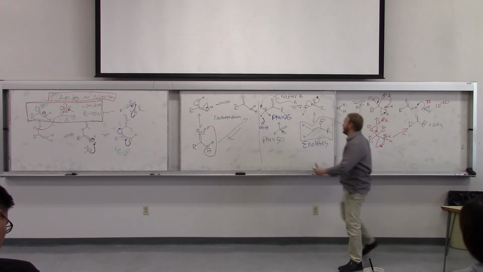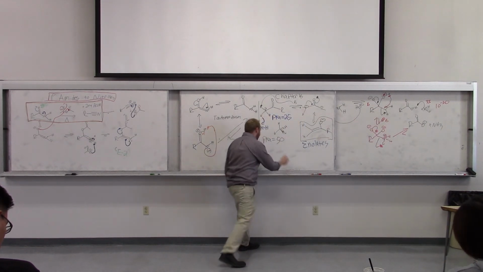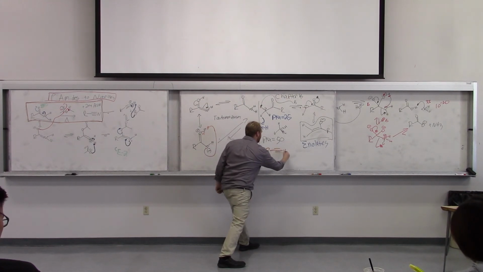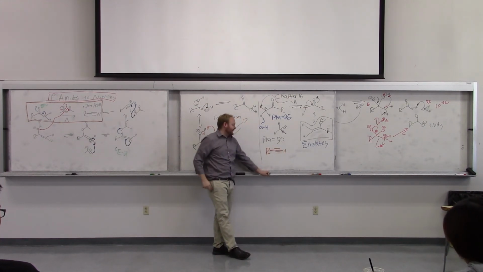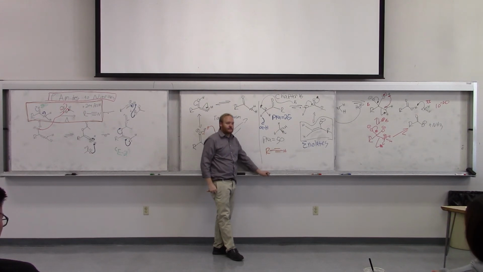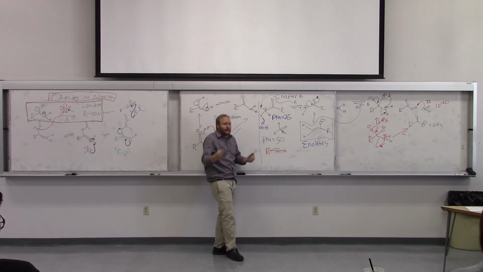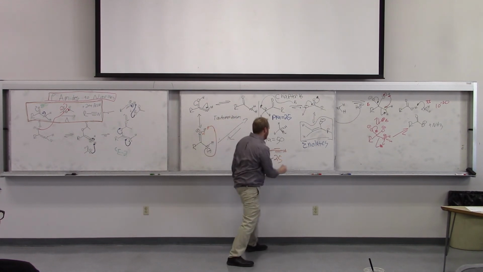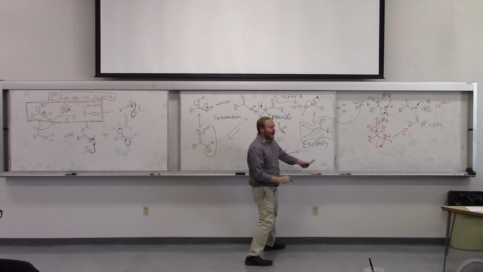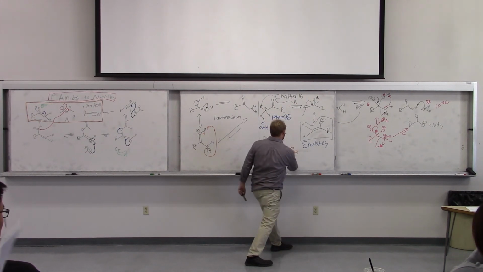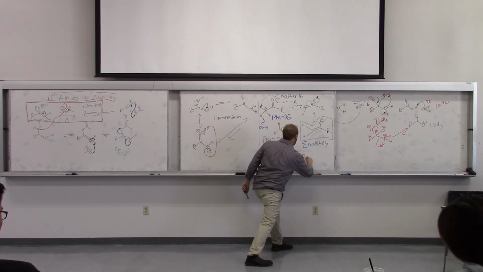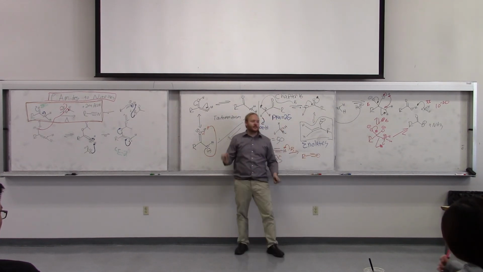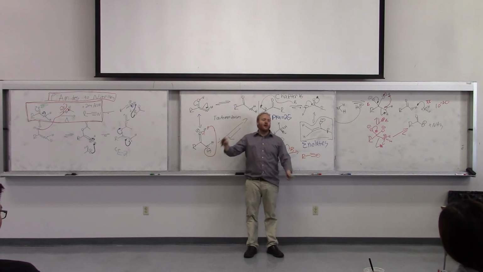Let me draw an analogy real quickly while I'm thinking of it. What's the pKa of an alkyne with a hydrogen? About 25. In this class we talked a lot about using these deprotonated alkynes as nucleophiles to do SN2s or this or that, right?